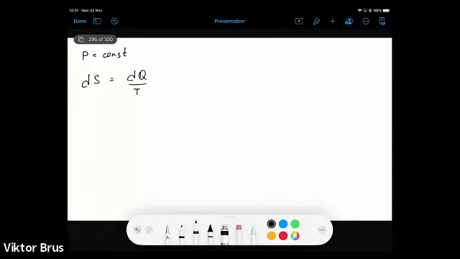So how can we represent this change in heat?